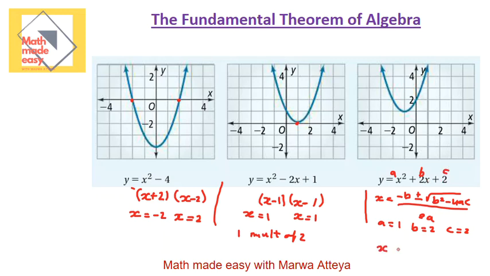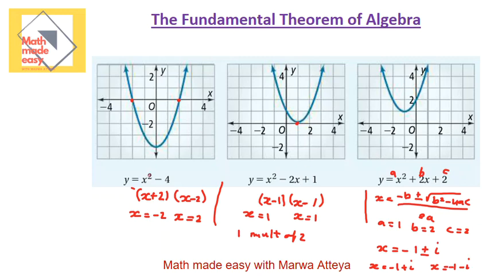When you substitute, I will spare you the details because we have a lot to go through, you will find that your solution is going to be negative 1, positive and negative i. So there are two solutions. One of them is x equal negative 1 plus i, and the second one is x equal negative 1 minus i. So these are two complex roots. So all three equations are quadratics of the second degree.